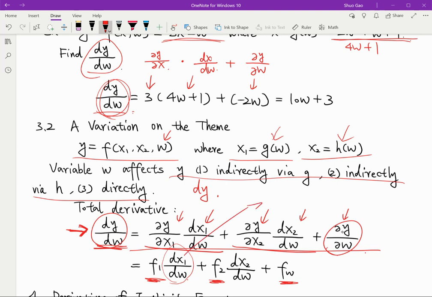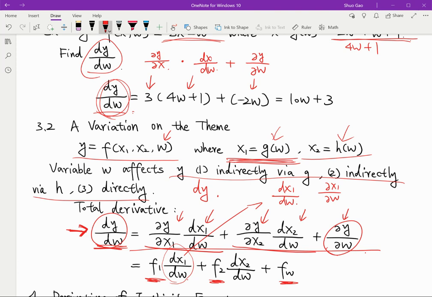So here we can write dx1 over dw, but not partial x1 over partial w, because x1 is a function of only w, right? x1 and w are related through the function g. And x1 has only one variable that can affect it, which is w. So there are no other variables that can affect x1 besides w, right?